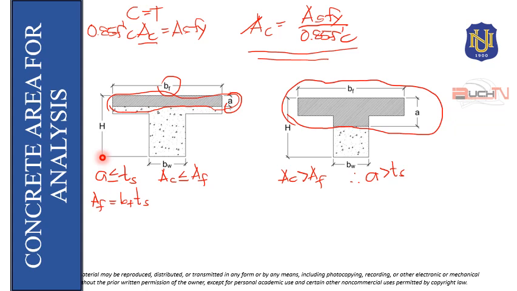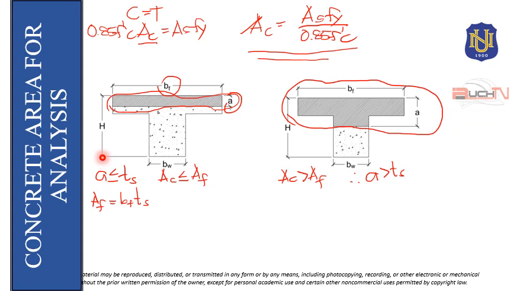So, unlike rectangular, hindi natin pwedeng gamitin that C or the compression side is equal to A times B. So, magkakaroon na siya ng irregularity and we will solve this one using the three methods na ipepresent ko.